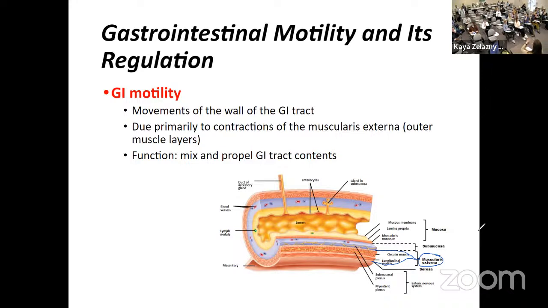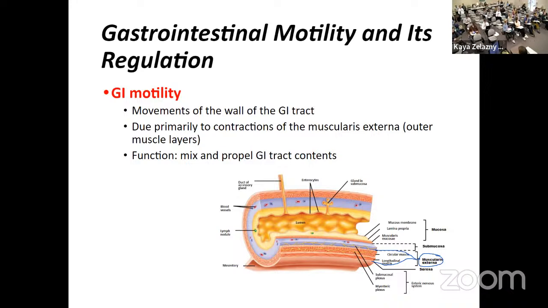So we have circular muscle. It's going to act kind of like we've seen sphincters act, right? It can contract, make things narrower, expand, make things wider. And that longitudinal layer, when it contracts, right, it's going to make things shorter. Or if it relaxes, it's going to make things longer. So we have these two ways that we can produce movement of the wall of the GI tract.